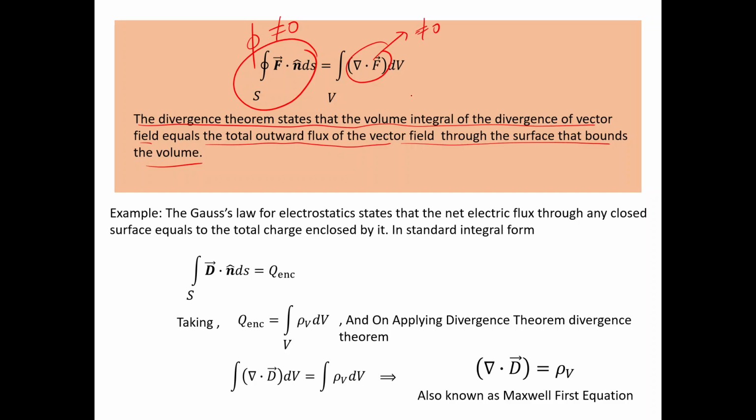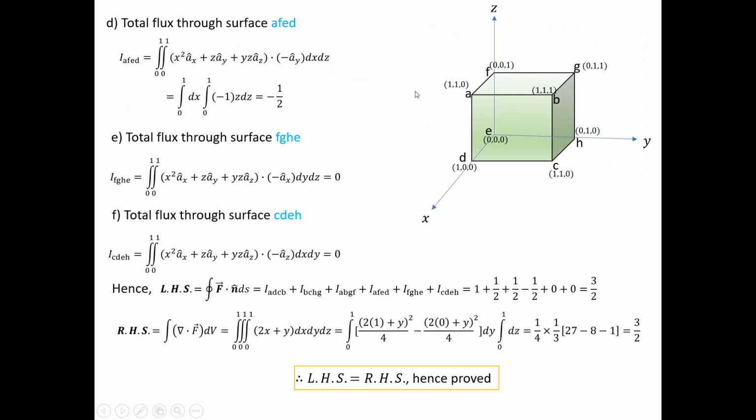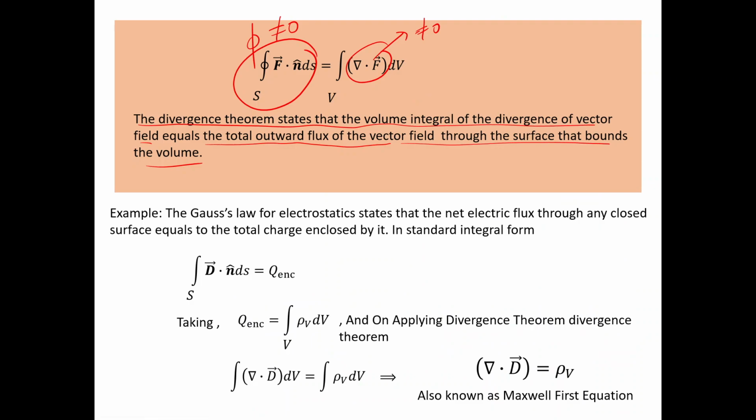That means there must be some divergence, and divergence indicates presence of source or sink. This is all about divergence theorem.